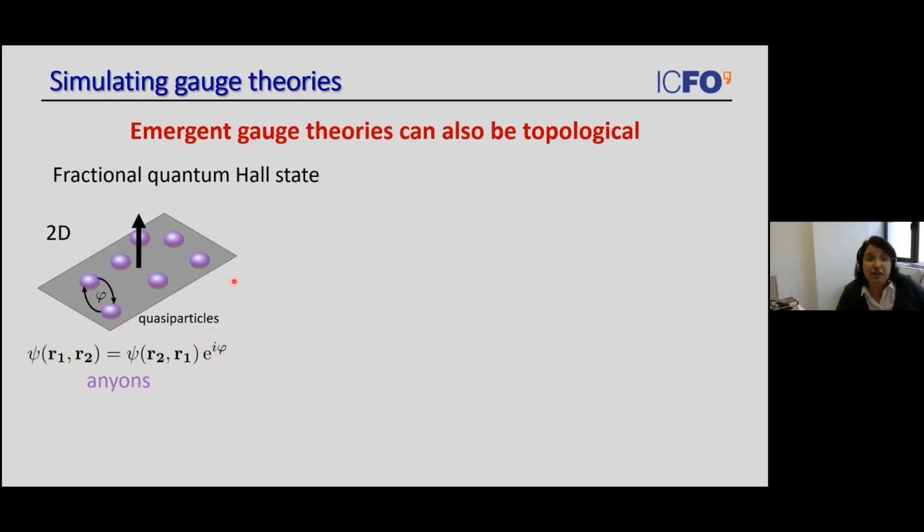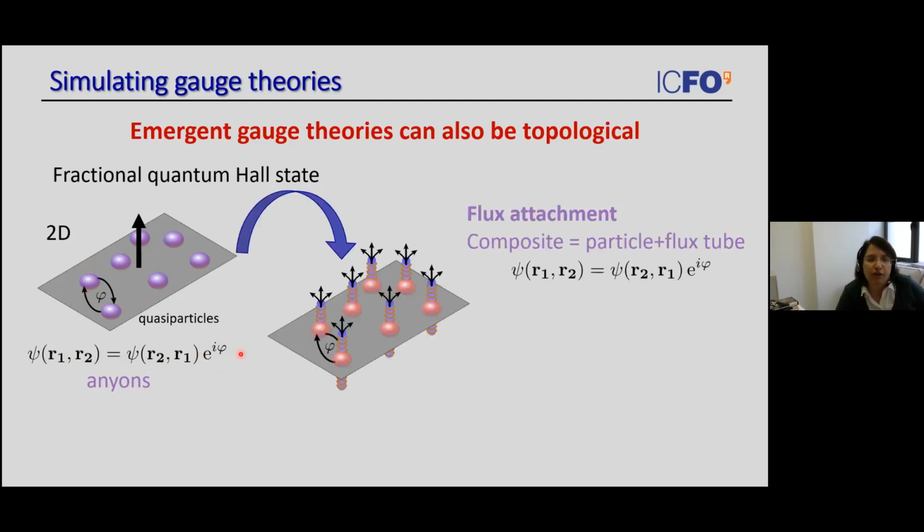And now this is a very complicated system to describe, but people came up with the idea that you could make a simpler description if you think that this system you can also view as non-interacting electrons, but coupled to a magnetic field, an effective one that the system makes by itself, which I represent here with these solenoids around here.